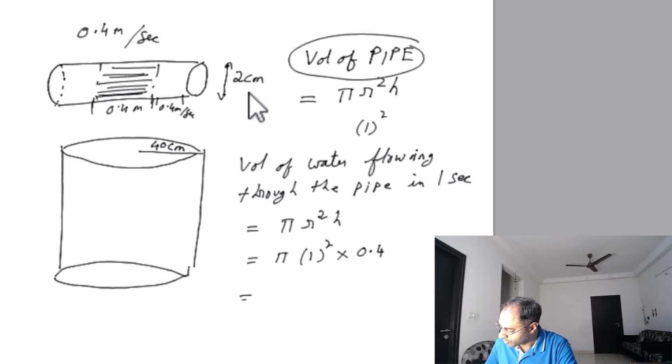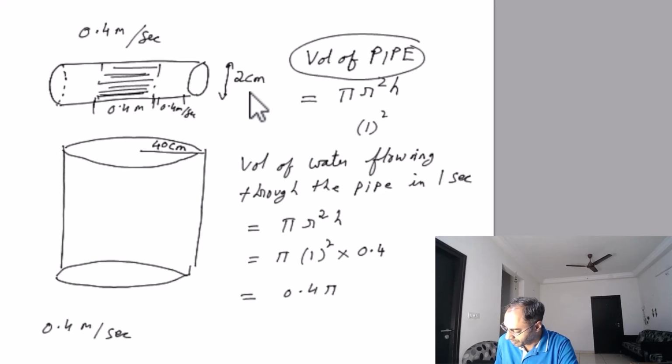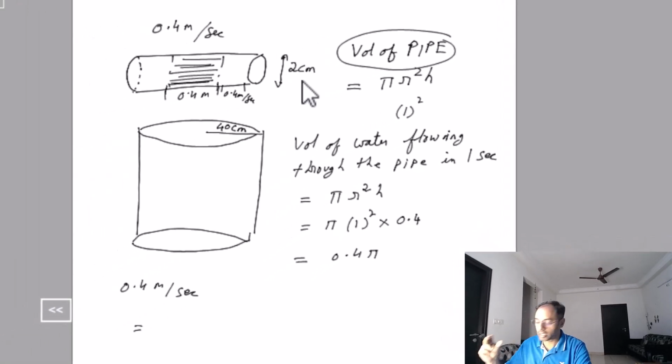So this volume, which is 0.4 pi centimeter cube. Now, one thing to note here. The rate or the speed at which it covers is 0.4 meters per second. And we have the other dimension in centimeters.